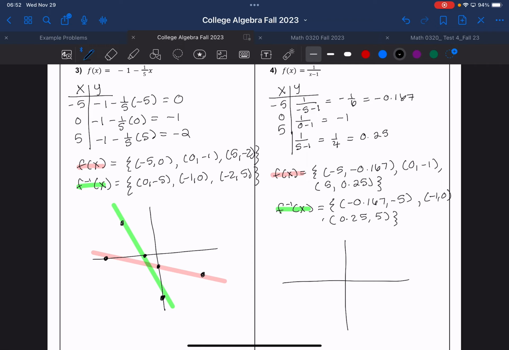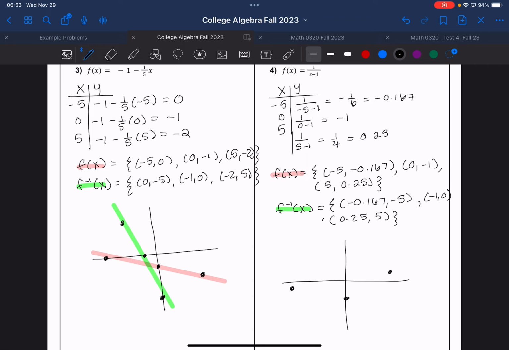So my first one, I have -5, -0.167. So again, this is a super rough sketch. It's going to be somewhere over here. Then I have 0, -1, let's see, right here, and then 5, 0.25, so up here.